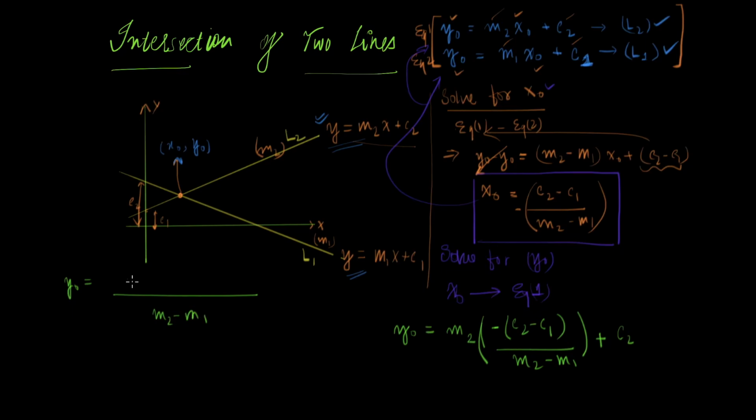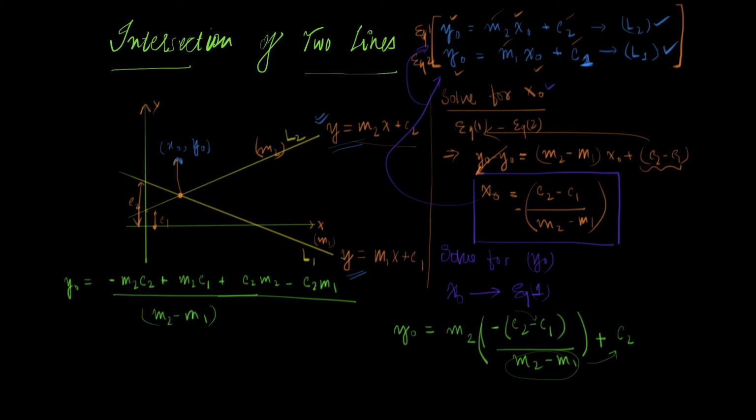Multiplying this internally, we get minus m sub 2 c sub 2. Then this negative multiplied with this negative gives you a positive, hence m sub 2 times c sub 1. Now we multiply this denominator to c2, and we add them because we have taken a common denominator of m2 minus m1. We get c2 times m2 minus c2 times m1.